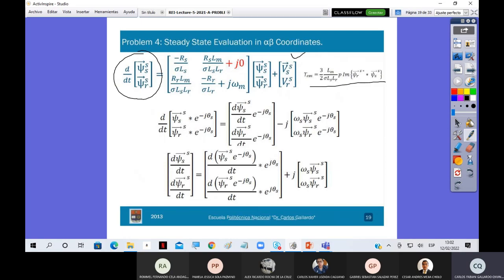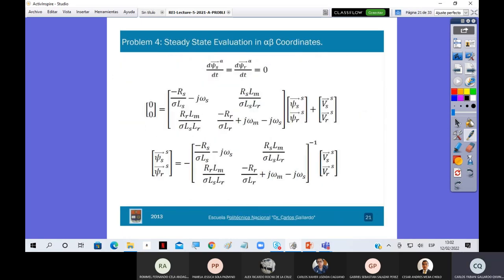Okay, so let's go back to the formula. This is the formula, right? We derived this formula.